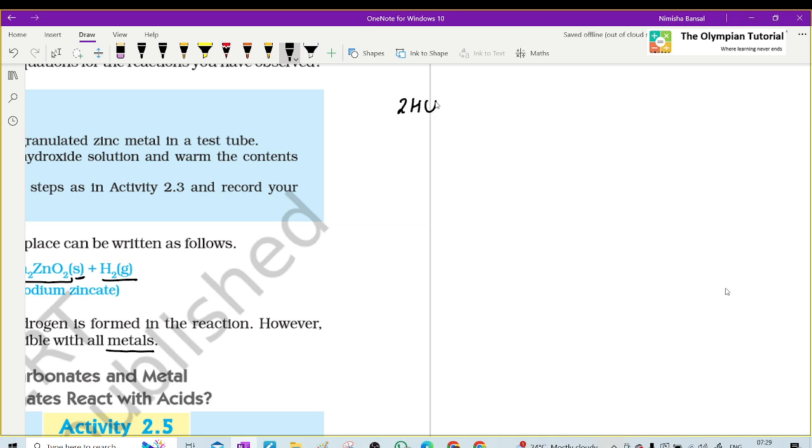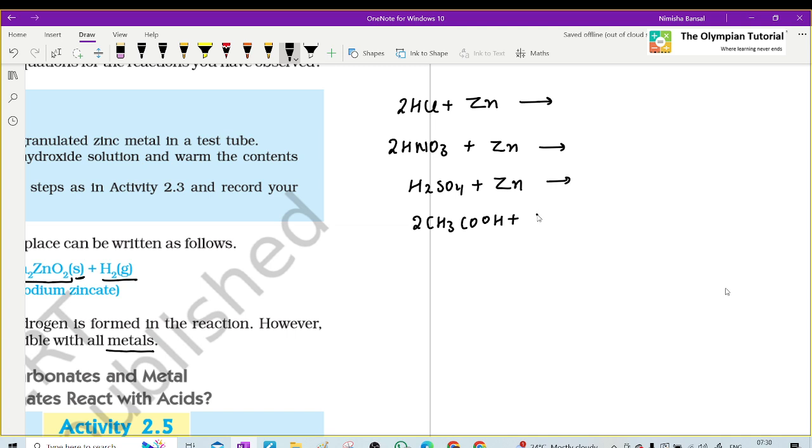2HCl plus Zn. What will be formed? 2HNO3 plus Zn. H2SO4 plus Zn. 2CH3COOH plus Zn.